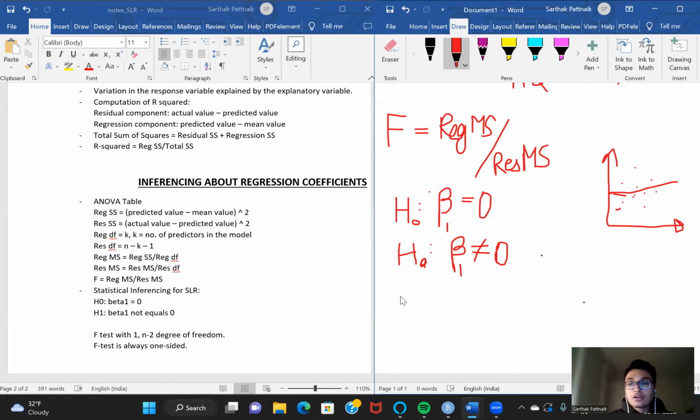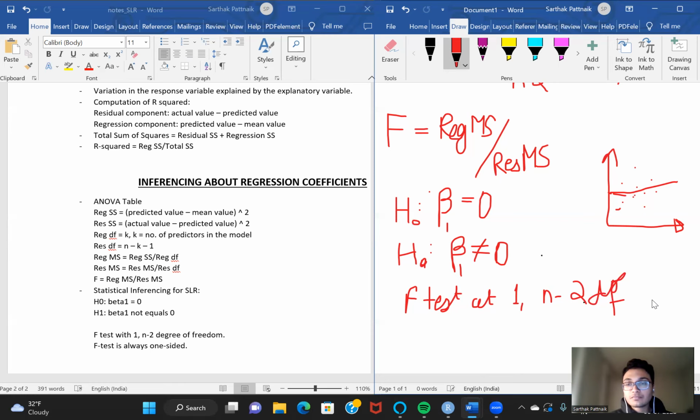Now, if we are doing this example, or if we are finding evidence for our alternative hypothesis using our F test, then the F test is conducted at 1 and n minus 2 degrees of freedom.